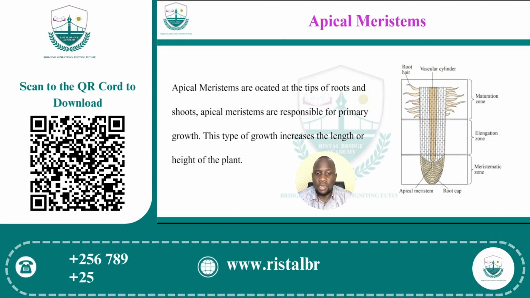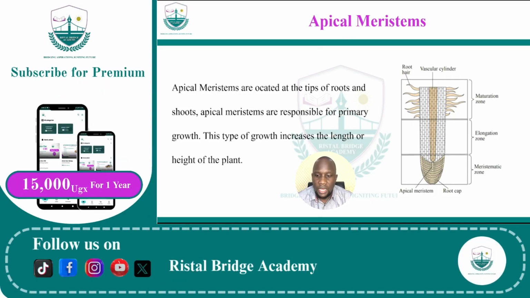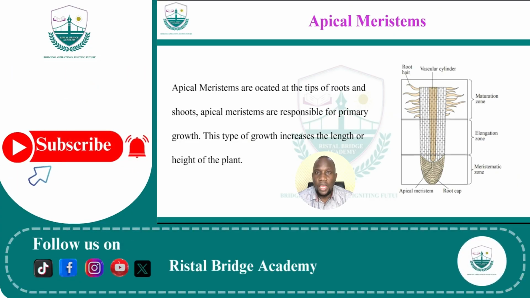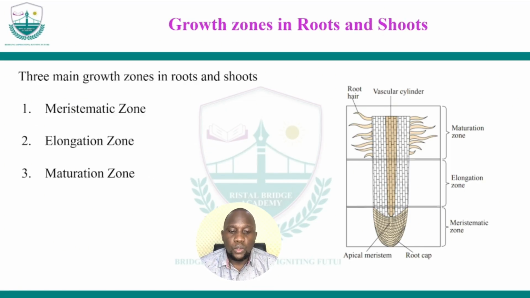But all these have three major regions, and these regions are the maturation zone, the elongation zone, and the meristemic zone. Okay, like we said earlier, apical meristem contributes to primary growth, which is about increasing the height of the plant. So we are going to look at each of these zones and see what cells are there and what roles they play.